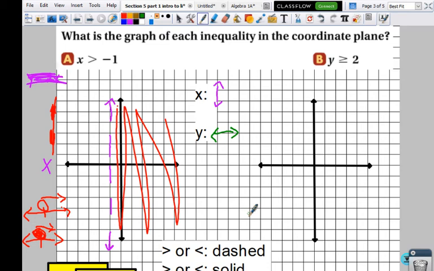And it works basically the same way as x, except I'm doing everything with y's. So I got my y-axis here, right? I'm going to go when y is 2, because I got 2 right there. 1, 2, and I'm going to make my line go left and right on this. And because I have the or equal to, it's just going to be a solid line. No dashes in this one. Like that.